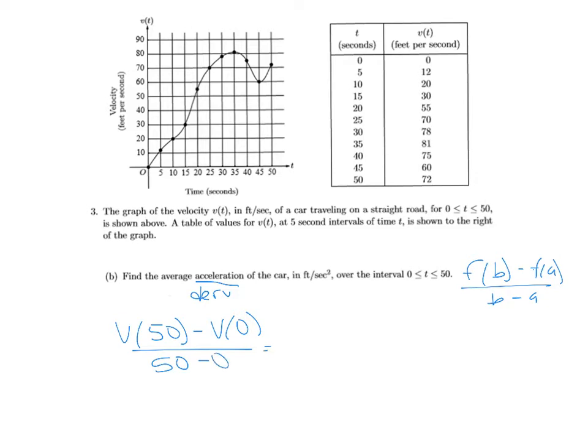I'm going to look at my table. V of 50 is 72 minus 0 over 50. So 72 over 50, you do not have to simplify that. You can leave it. I think I wrote it as 36 over 25, but you don't have to. Find the average acceleration, and that's it, feet per second squared.